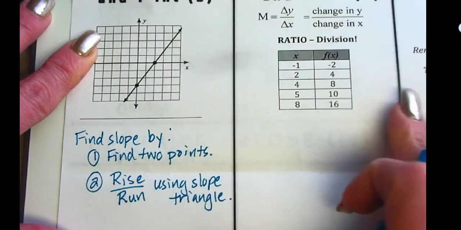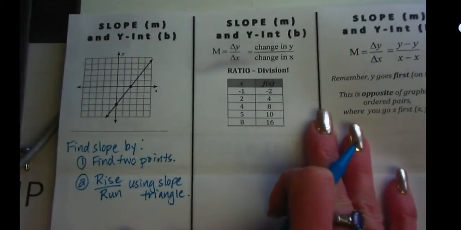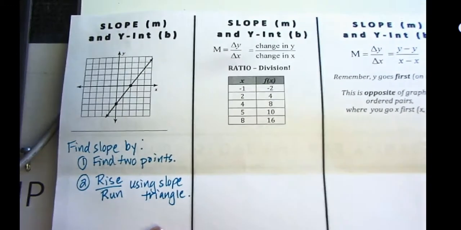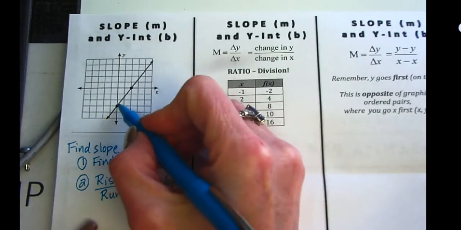Okay? So what do I mean by triangle? It's a triangle that you make from going from left to right, connecting the 2 points. And we are given 2 points here, so we'll just use the ones that are given.